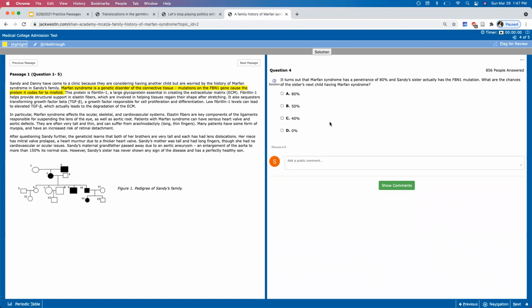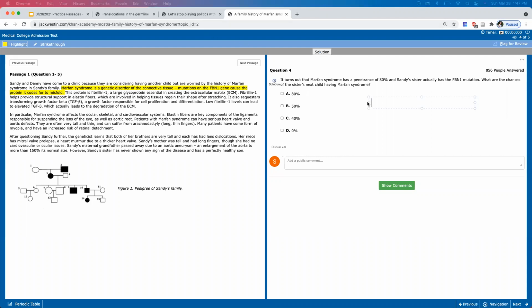Correct me if the method is wrong, but basically you first draw a Punnett square, and you will see that the sister must be a heterozygote. If they have the gene but did not express the mutation, they are probably heterozygous. Although I don't quite understand why this might be conflicting with the previous question. But you will find they have a 50% chance of passing it down to their children. And then by the independent probability rule, you just multiply the 80% with 50%, so you get 40%.